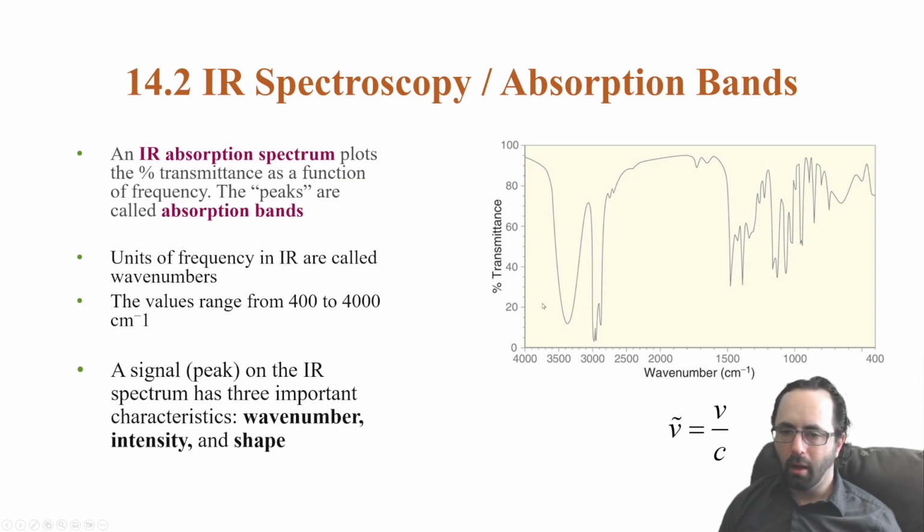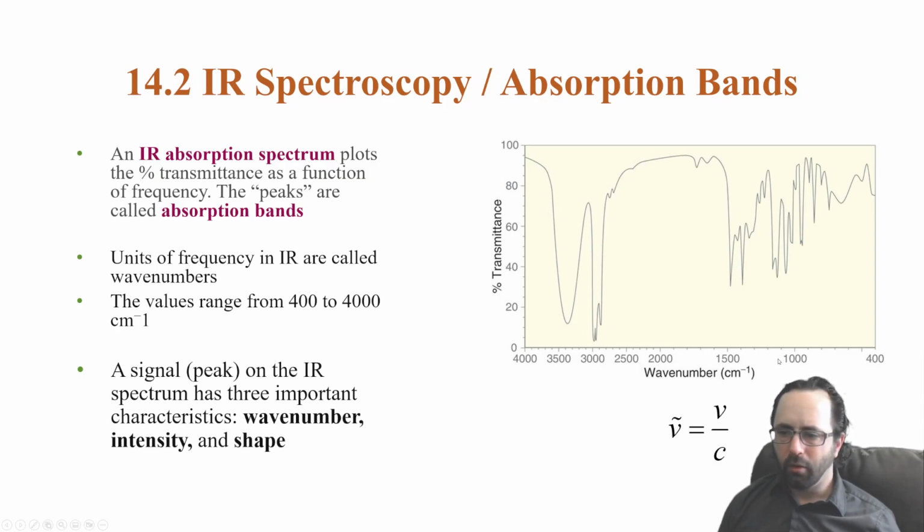So here's what a plot looks like. It's plotted in terms of percent transmittance, meaning how much light got through. So the very top here means almost nothing was absorbed, and as the peaks go down, you have more and more absorption. The wave numbers here is the frequency in centimeters divided by the speed of light in centimeters. And we call these absorption bands.